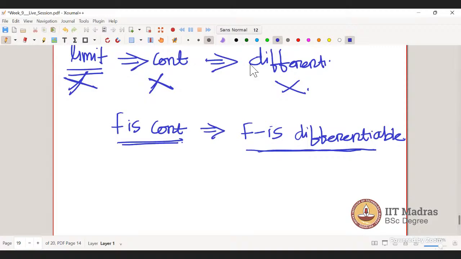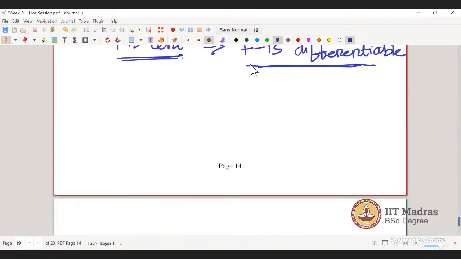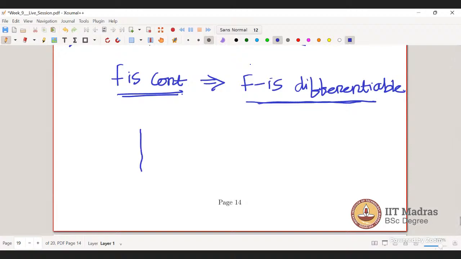If you take the graph of mod x, this is continuous at 0, but it's not differentiable at 0. So if the function is continuous, you cannot directly say that it is differentiable. You have to check it.